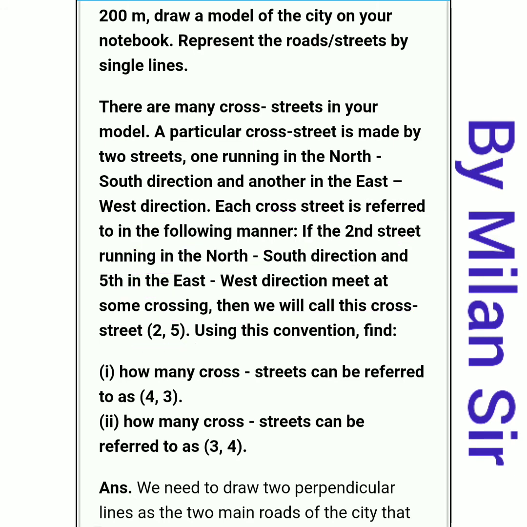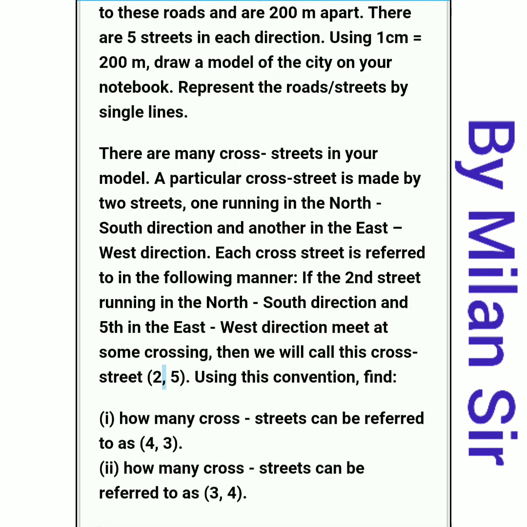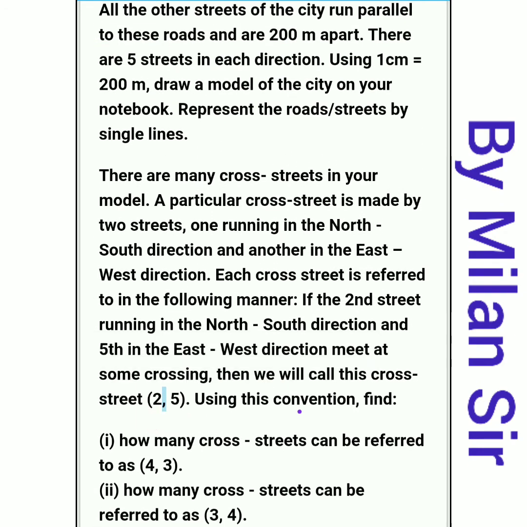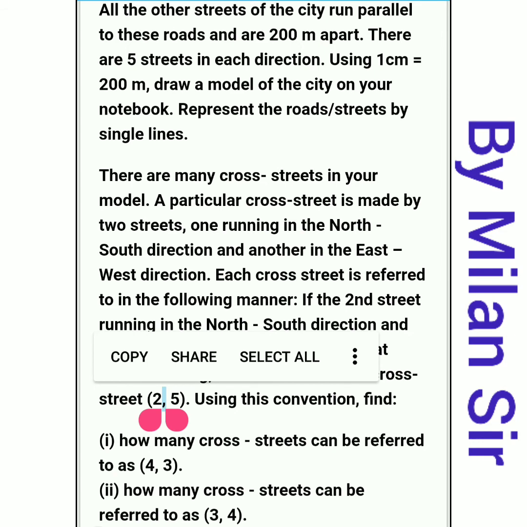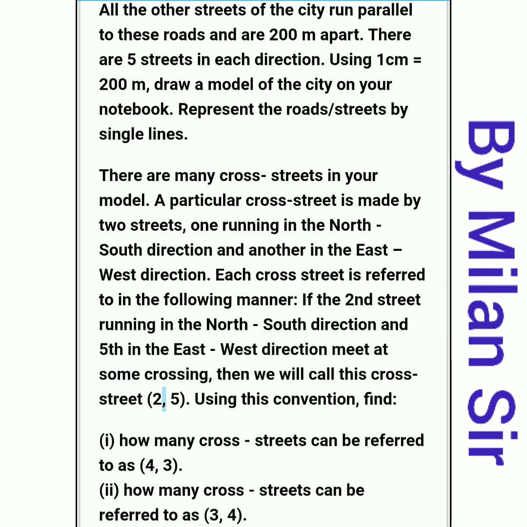Alternately, it is our x coordinate. Here 2 represents the north-south direction, that means the north-south direction we need to consider as the x axis, so that is the x coordinate.